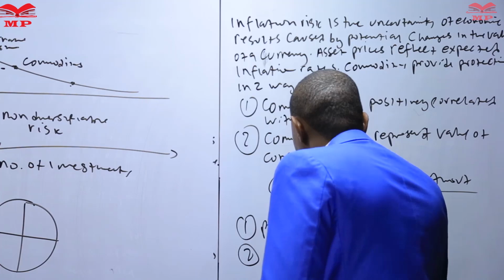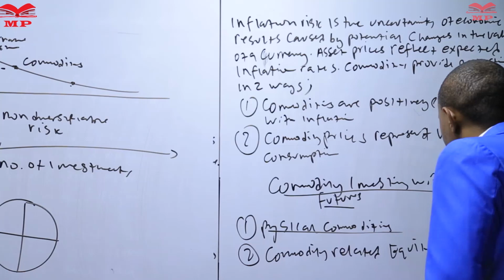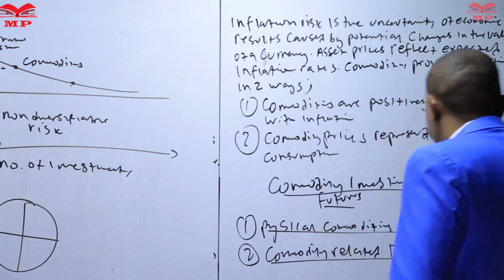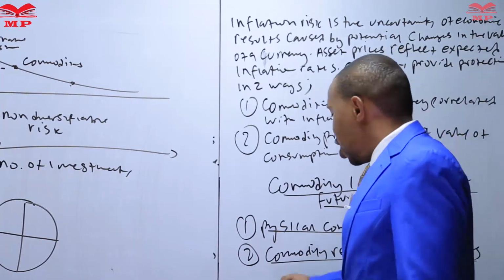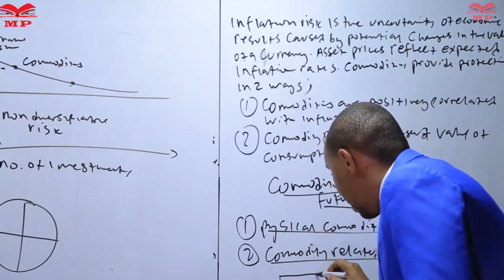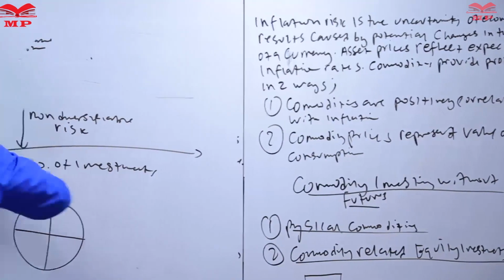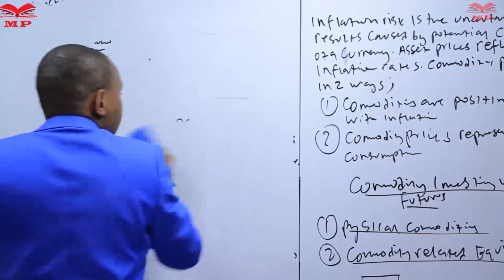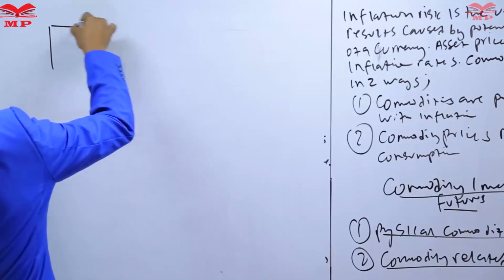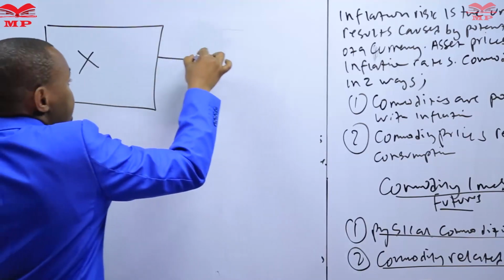Commodity related equity investments. Now, with commodity equity investments, you can get exposure through equities. The best way to explain it is on this other side right here. We're saying that this is a company, X. It deals with extraction.